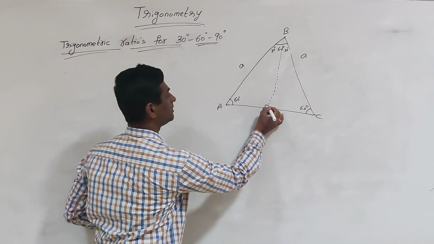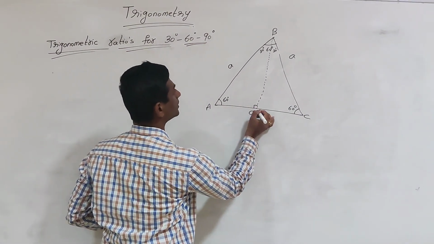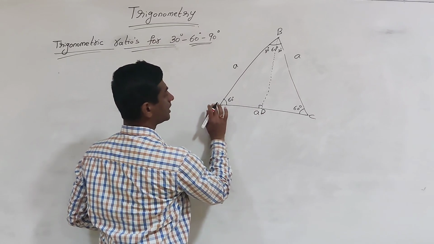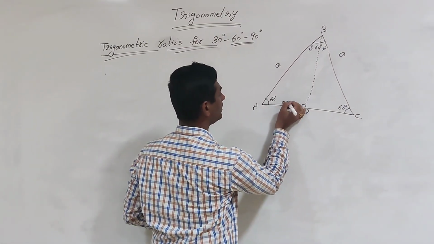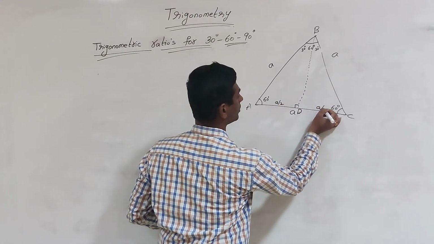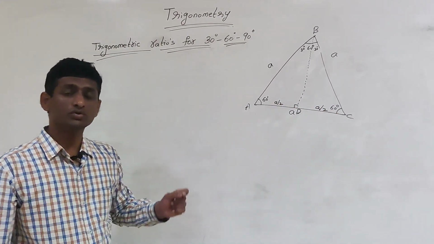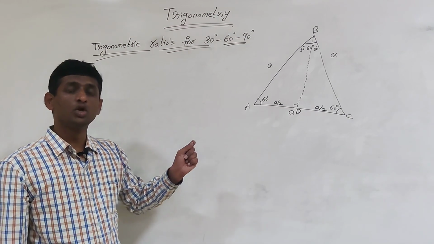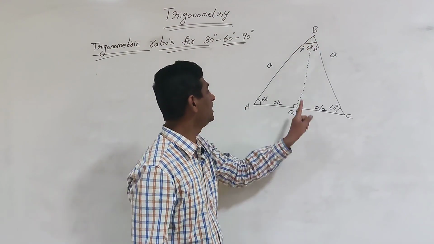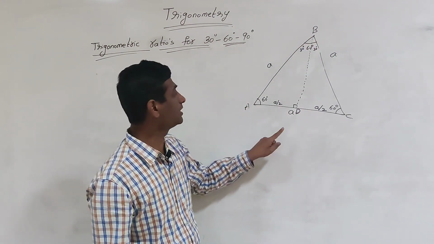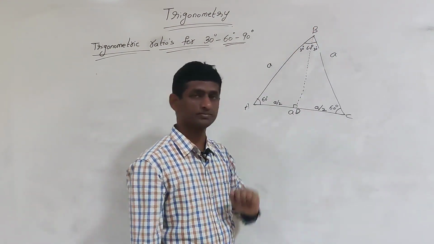That means it is a midpoint. So assume that it is D. The total length of AC is A, then the length of AD will be A by 2, and this is also A by 2. So in this there are two right angle triangles. One is BDA, the other right angle triangle is BDC.